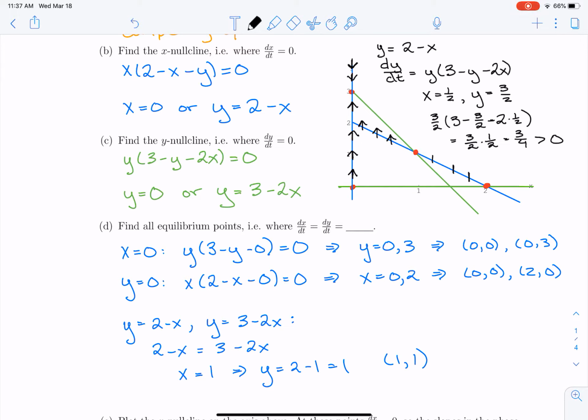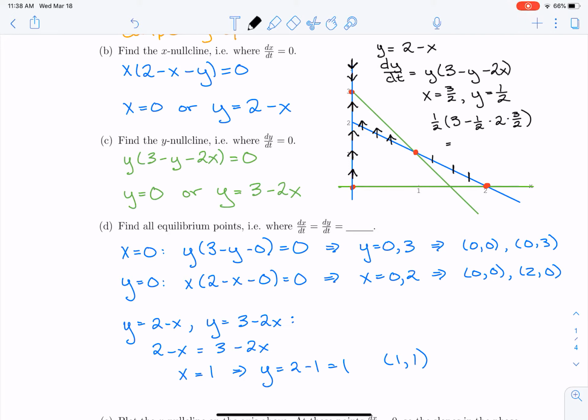Now let's see what happens to the right of that equilibrium point. So this time I'm going to choose x equal to 3/2, which tells us that y is equal to 1/2. And then I'm going to plug that into our derivative of y. So I'm going to get 1/2 times (3 minus 1/2 minus 2 times 3/2).